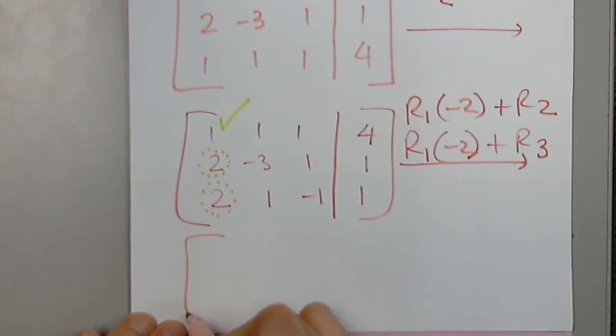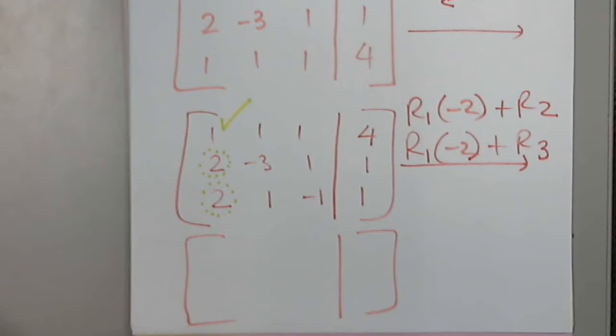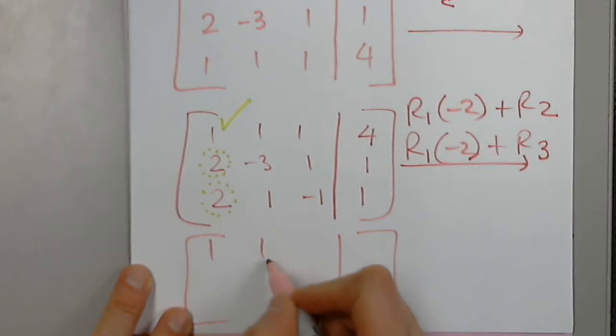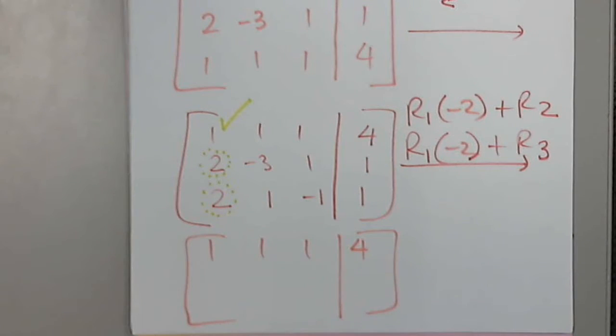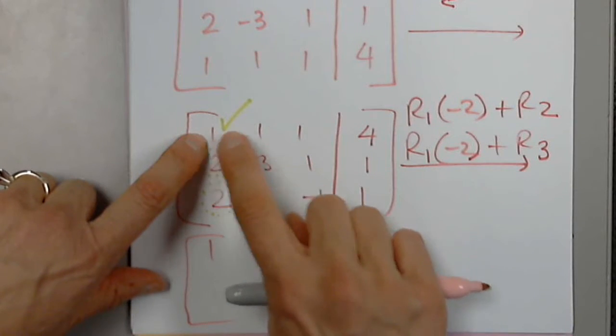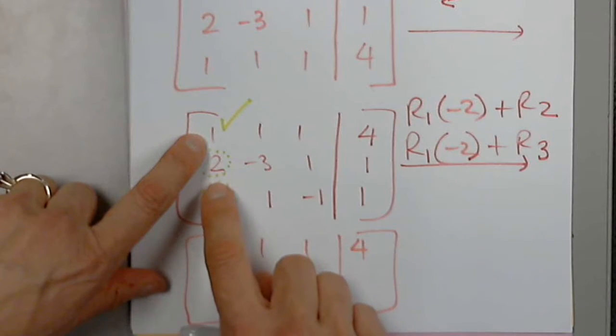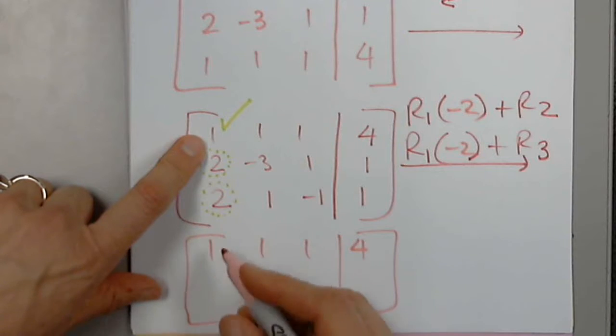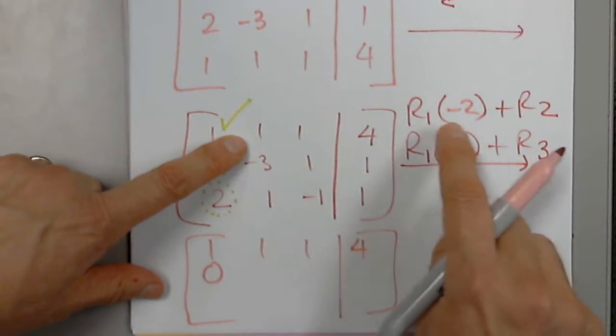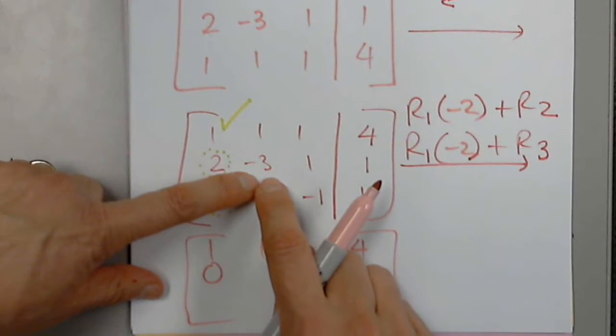Good. So which row do I have to copy, because at this step, it will not change? Exactly. 1, 1, 1, 4. So let's do this together, please. 1 times negative 2 plus 2. 1 times negative 2 minus 3.